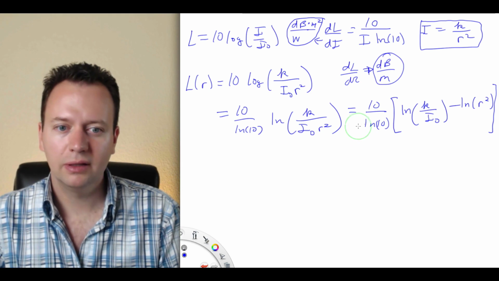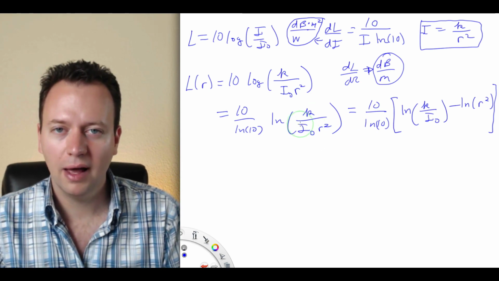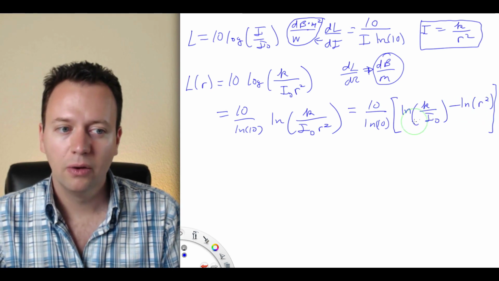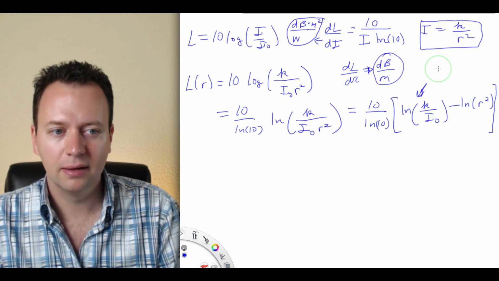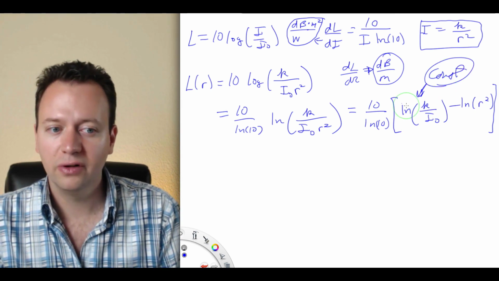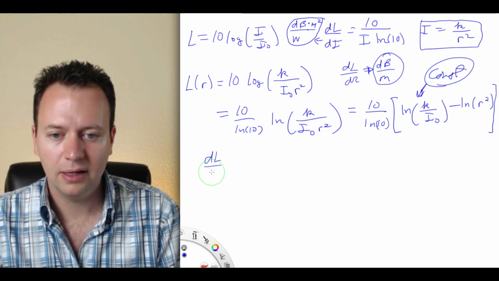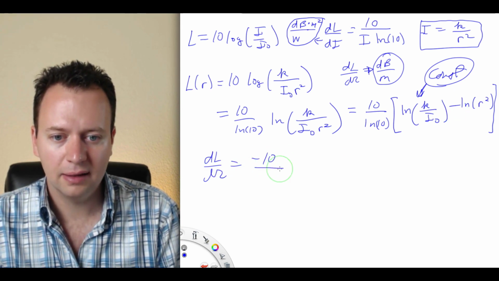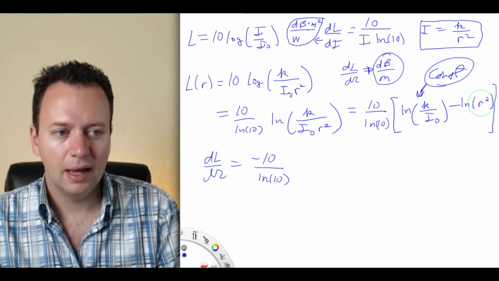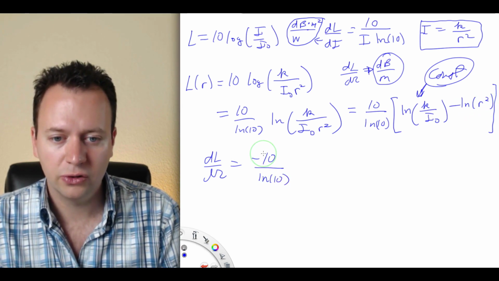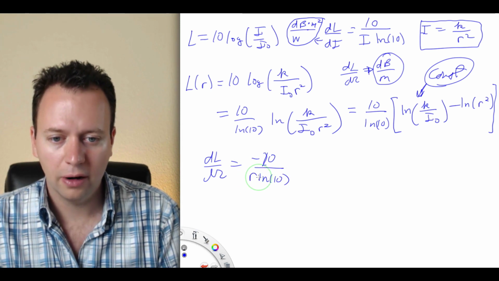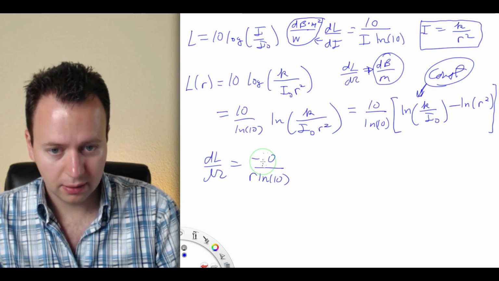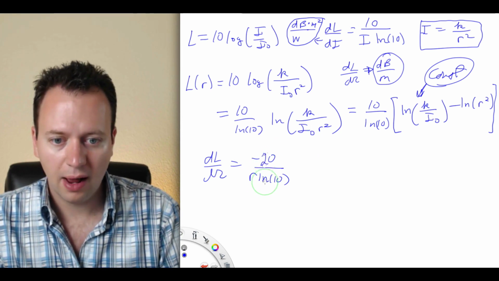Right, so using the log rules, log of a over b equals log a minus log b, we just broke this up. Now this one's a constant, so the derivative of this term is 0. So dL/dR is going to equal, I'm going to take the minus sign up front, minus 10 over ln of 10. And the derivative of ln of R squared is equal to 2 over R. So we get minus 20 over R ln of 10.